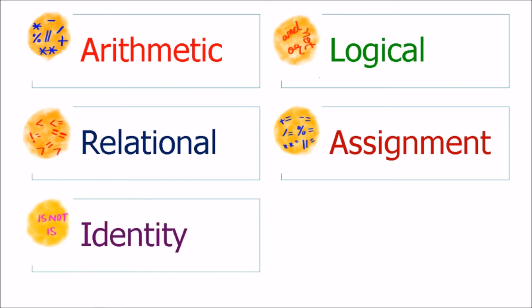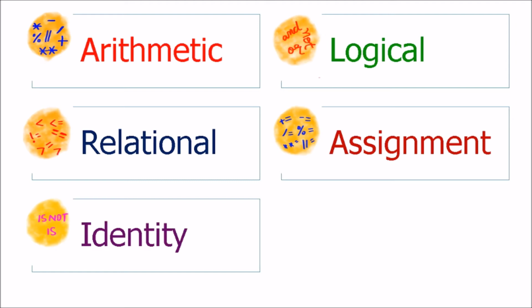Then we have the identity operator, just to check whether an object belongs to a particular class or not. If I say x is integer, and x has a value 12, 17, 19, so it's an integer. If I say Hyundai is a car, Maruti is a car, and they are brand names of cars, yes, the result will be true.